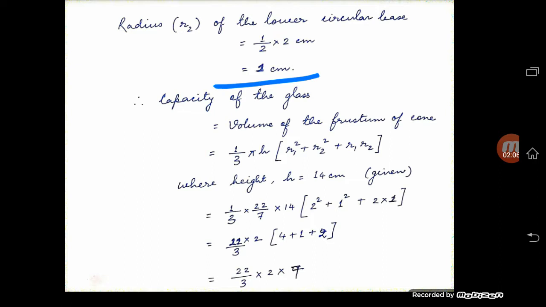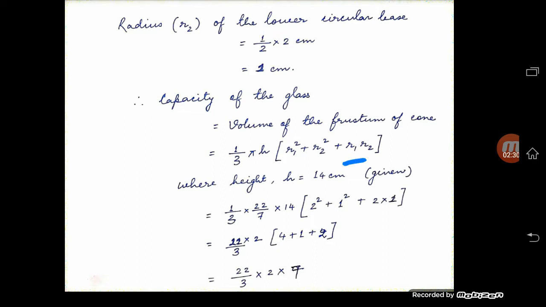Now we know the volume of frustum of a cone. What is it? It is 1/3 pi h, where h is the height of the frustum of a cone, bracket r1 square plus r2 square plus r1 into r2. This is the volume of a frustum of a cone.